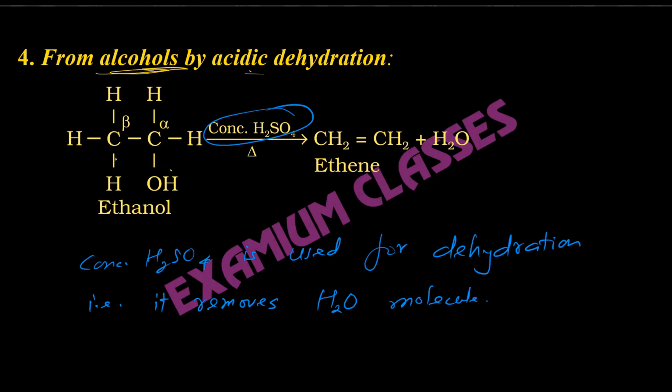So if I say there are 2 electrons here, 2 electrons here, this part will form water and this part will form the double bond. Whenever I mention concentrated H2SO4 with an alcohol, it will lead to preparation of an alkene by dehydration. The water molecule is removed by concentrated H2SO4.